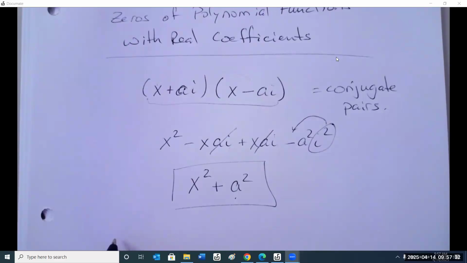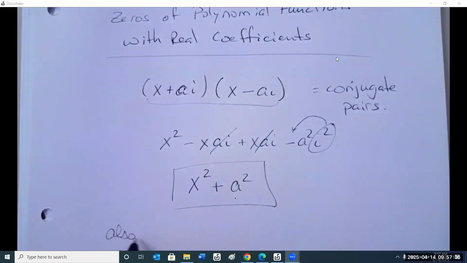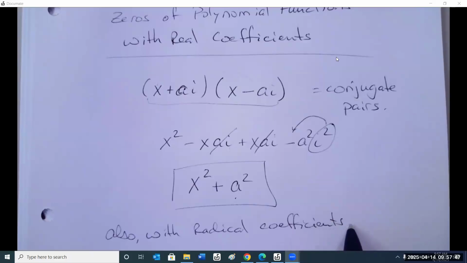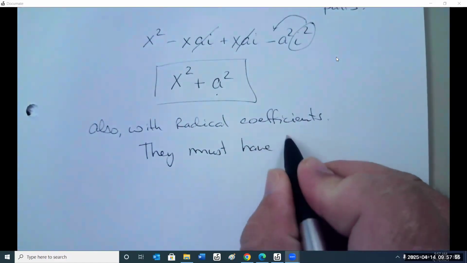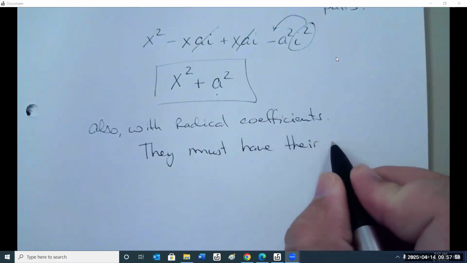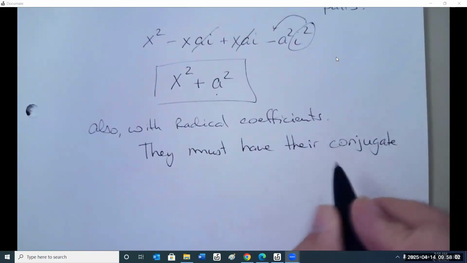This is also with radical coefficients. They must have their conjugate pair.